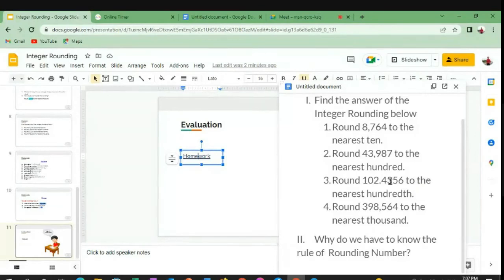First of all, we have to know the target number. Which digit is the target number? Number 3, yes. Because the hundreds here mean the decimal part, our target number is number 3.